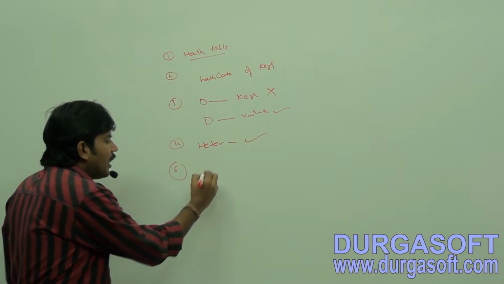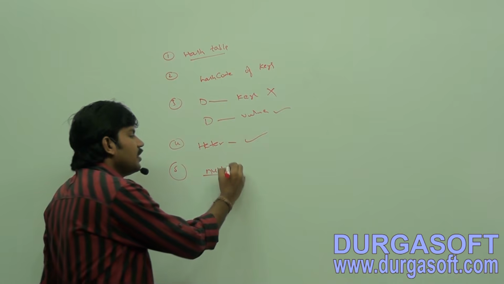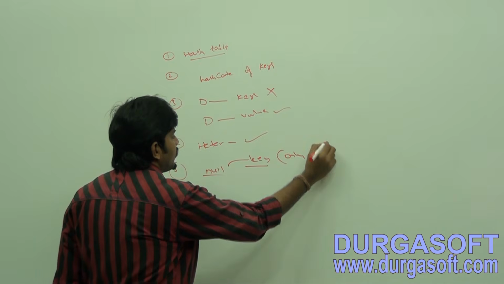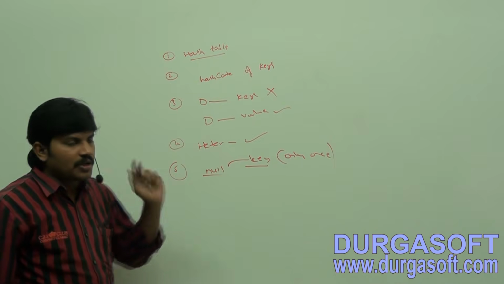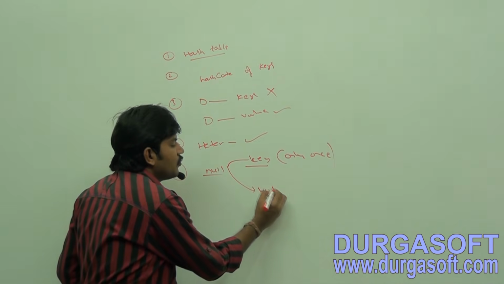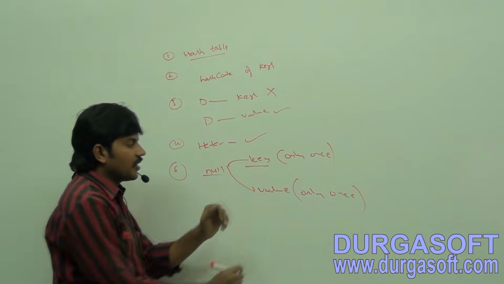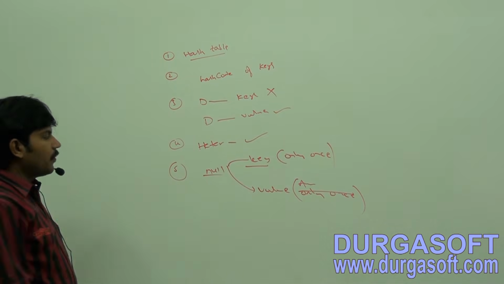Next, null is allowed for key, but only once, because duplicate keys are not allowed. Null is allowed for value any number of times, no problem at all.